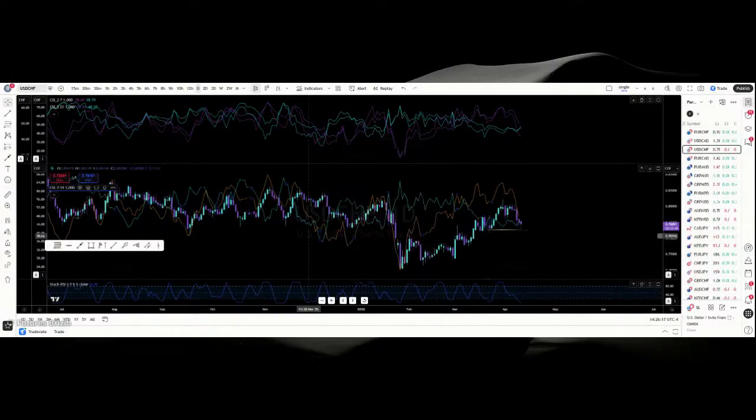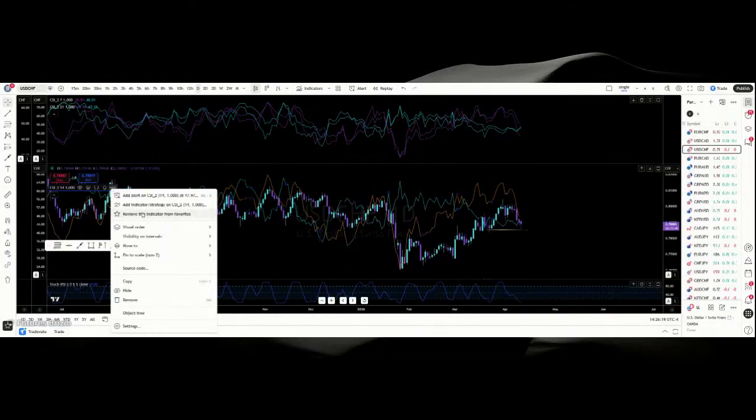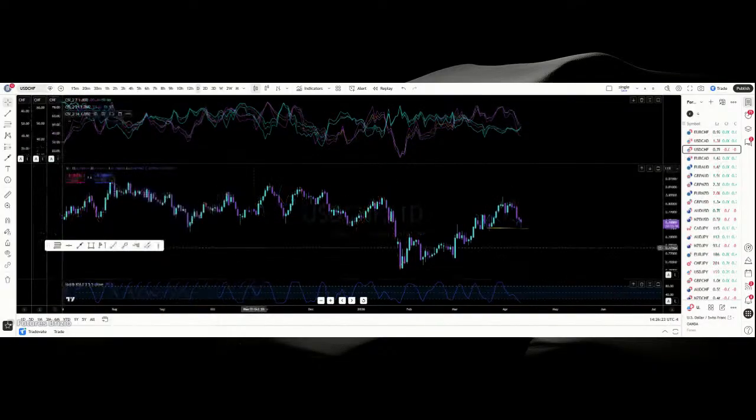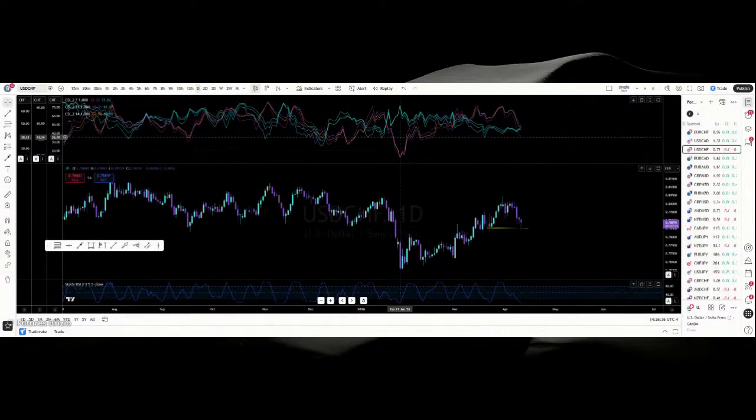All right. And then I'm going to go back into the indicator and say move to existing pane above. And there you go. Now it overlays on top of the other two. So now we've got the 7, 14, and 21 here. Going back to this signal, it doesn't really give us any sooner of an entry.